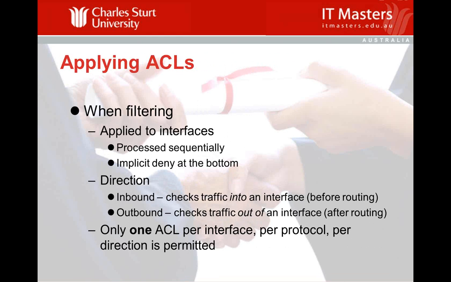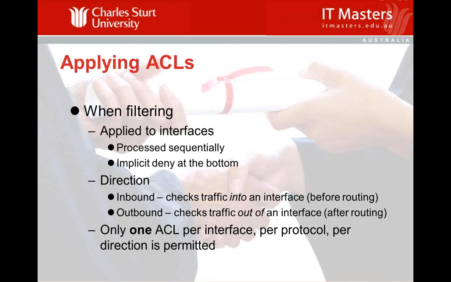It could be coming from the router into the interface, but going in an outbound direction from the router. Inbound just means traffic coming into the interface, not necessarily from physically outside the network. It could be from anywhere. And outbound takes traffic as it goes out of an interface, not as it comes in, and that's done after routing.